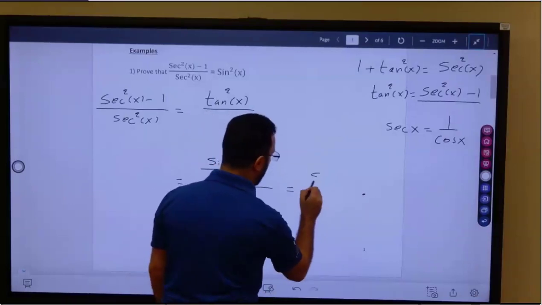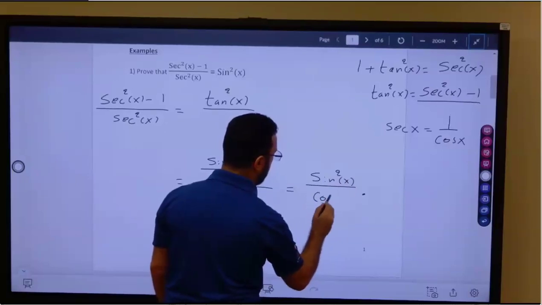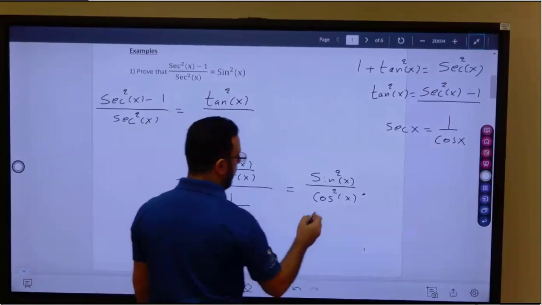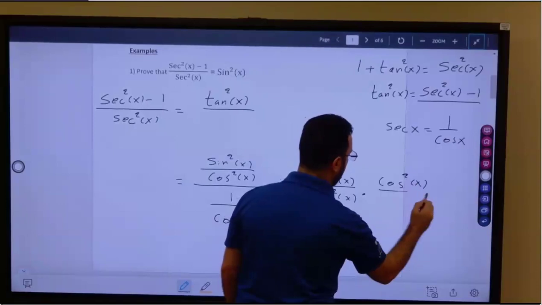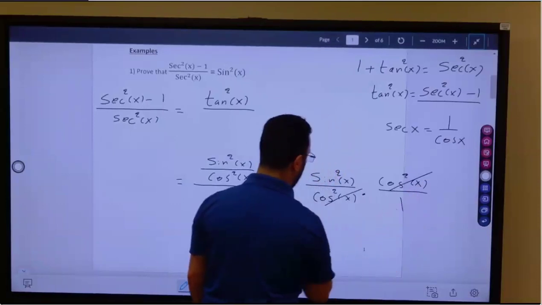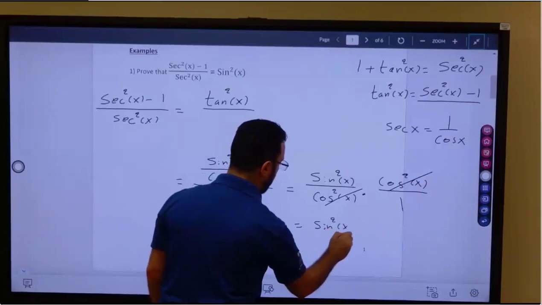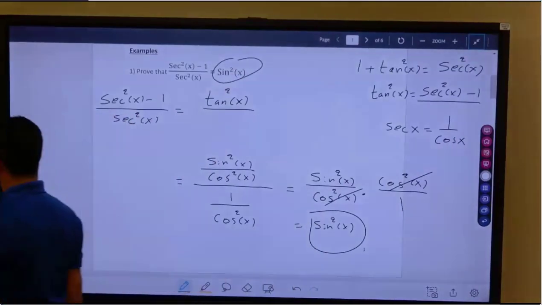Write down the top part, which is sine squared x divided by cosine squared x, times the reciprocal, which is going to be cosine squared x divided by 1. Cancel these, and the result is going to be sine squared x. This is our result, which is equal to the right side.